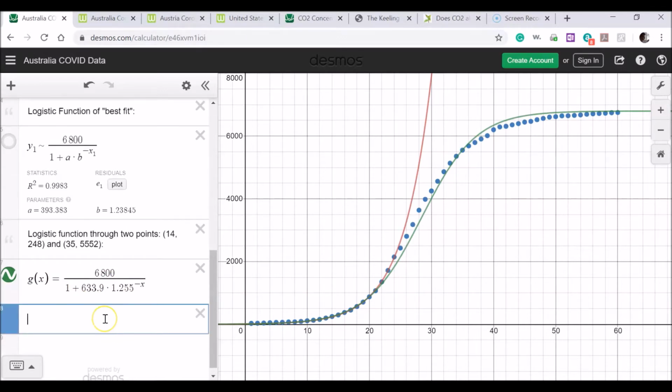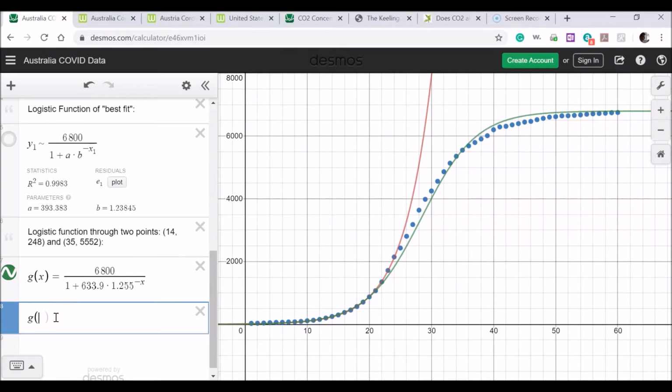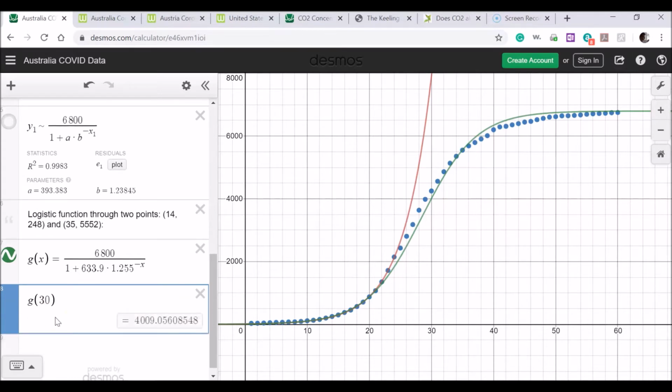So a question that you might ask is, how many coronavirus cases were there on March 30th according to this model? Well, March 30th would be the 30th day of this example, when x would be equal to 30. So to find that, all you'd have to do is find g of 30. And it would say there's 4,010 cases on March 30th according to our model. With this, I have the actual data that says on March 30, there were 4,250.